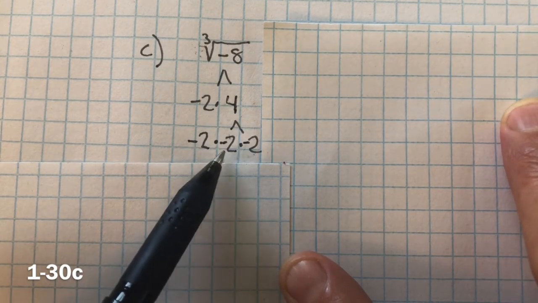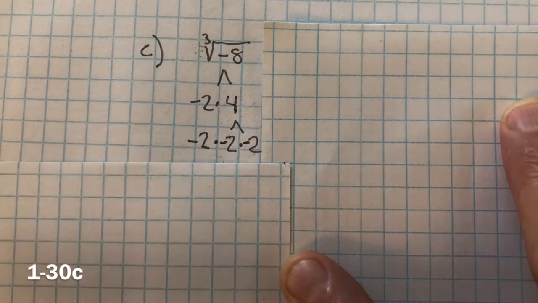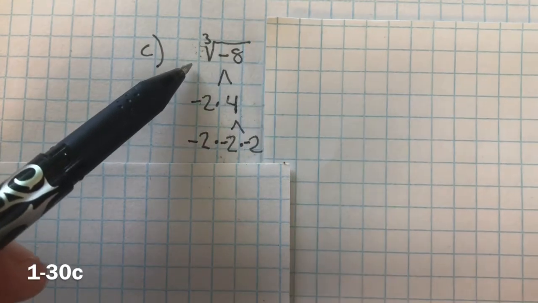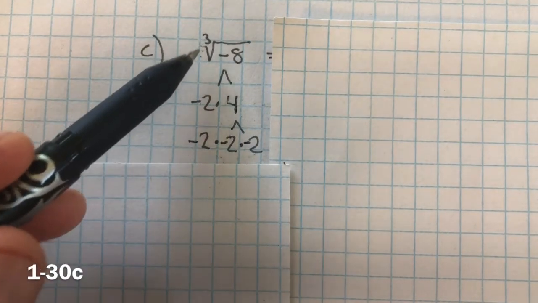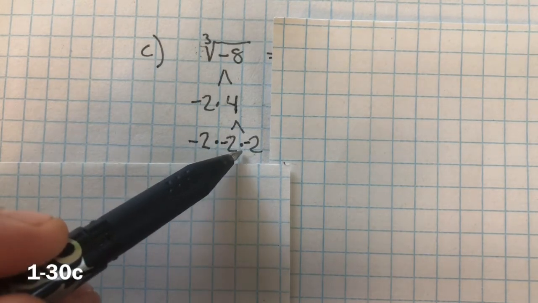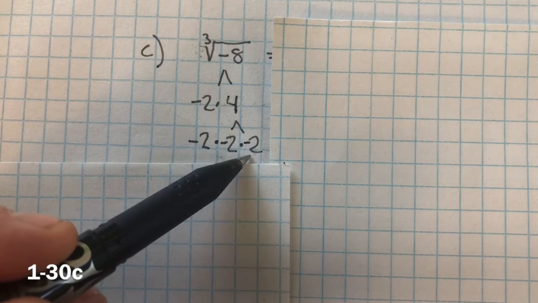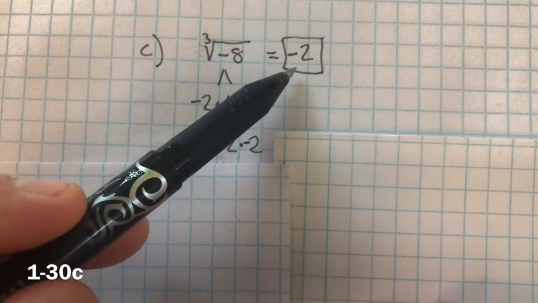And the reason why I didn't factor it as 2 times 2 is because, remember, for the cube root, it's the same number being multiplied by itself 3 times. So it's -2 multiplied by -2 is +4. Multiplied by -2 is -8. So the cube root of -8 is -2.